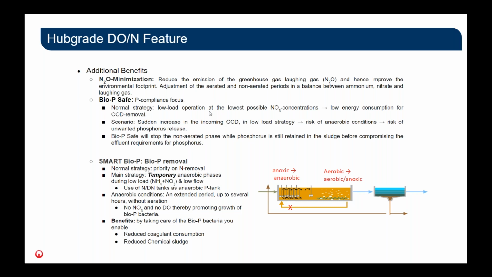So we've seen this work very well in a number of our facilities where you have a facility that isn't designed to do biological phosphorus removal at all, and through the smart BioP feature is able to get pretty significant BioP and reduce your coagulant consumption and save some operating costs there.